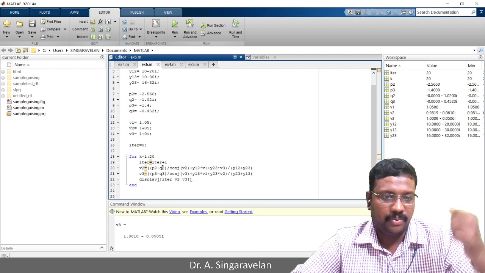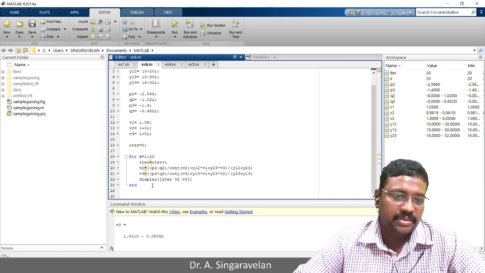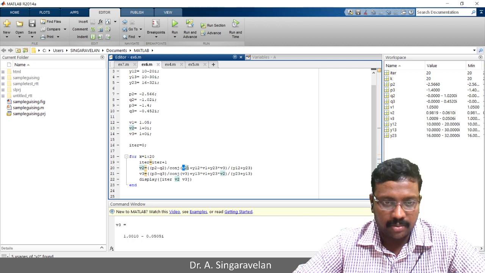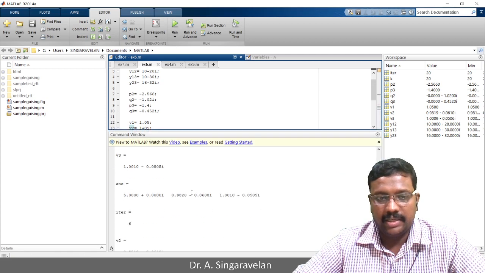This is how we do it in lines 18 to 21. We are doing 20 iterations, and in every iteration the V2 and V3 values get updated, and those V2 and V3 values are also part of this problem statement. So we get a better and better solution at the end of each iteration.